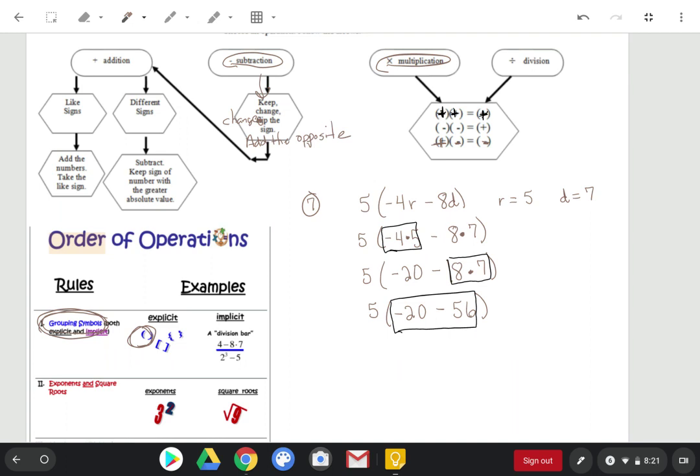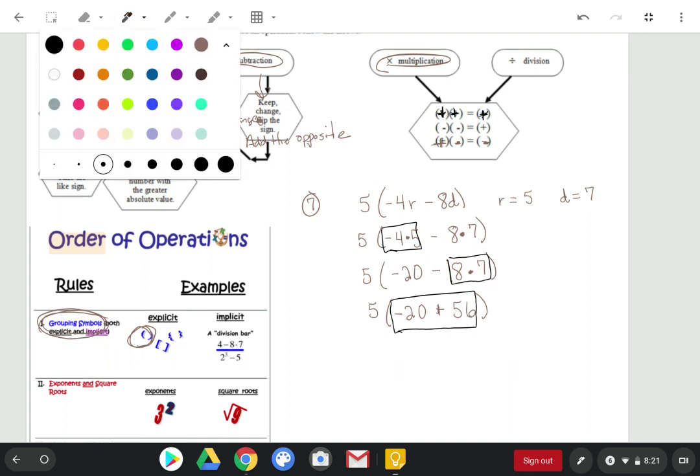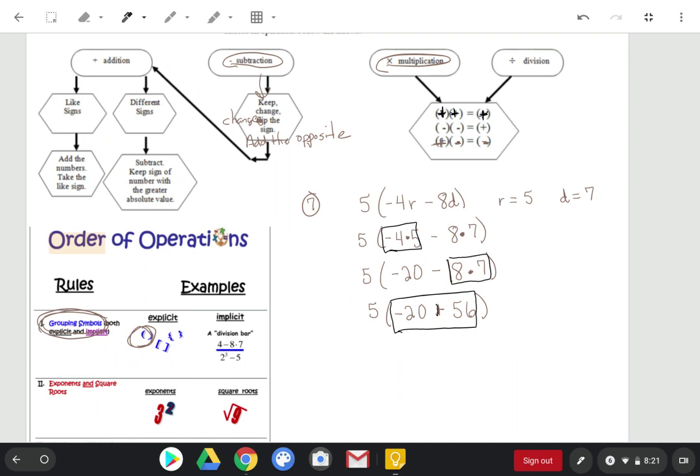The better way to say it is actually add the opposite, but my kids understand keep, change, change a little more. So that's why I'm going to keep that negative 20 as it is. I'm going to change that subtraction sign to an addition sign, and I am going to change that positive 56 to a negative 56.